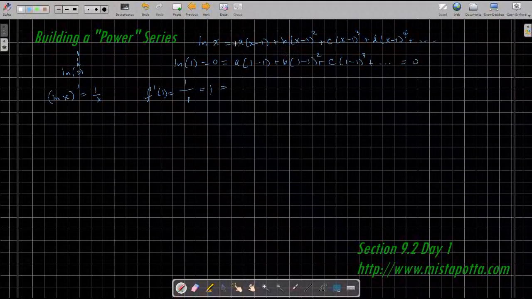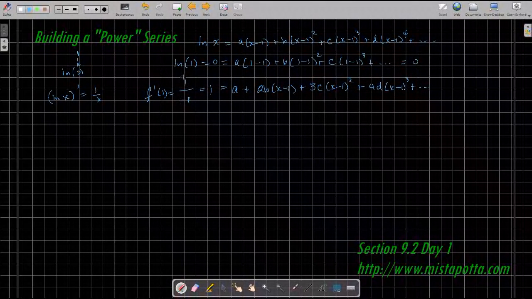Well, the derivative of this function would be a plus 2b times (x minus 1) plus 3c times (x minus 1) squared plus 4d times (x minus 1) cubed and so forth.